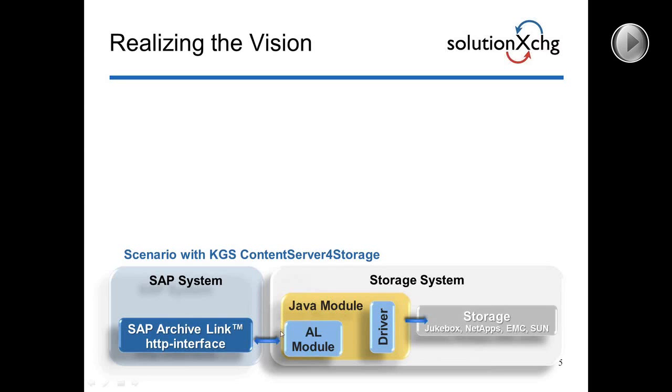This is the way KGS can store documents without relying on a database. We still have the ArchiveLink module that interprets the SAP ArchiveLink interface, but then we communicate straight to the driver and to the storage.